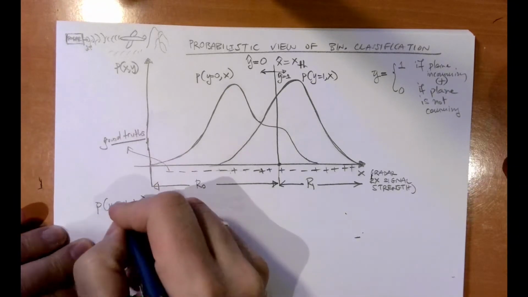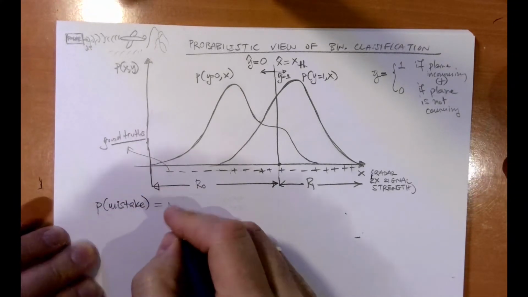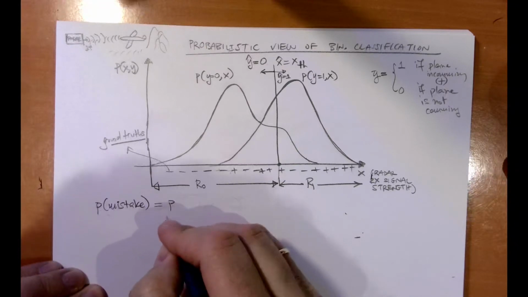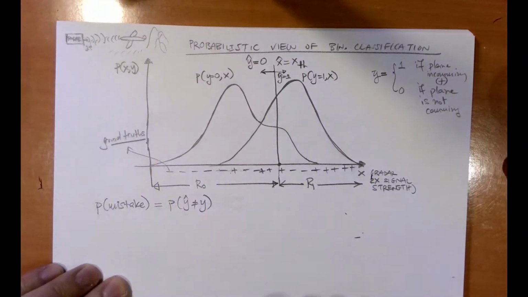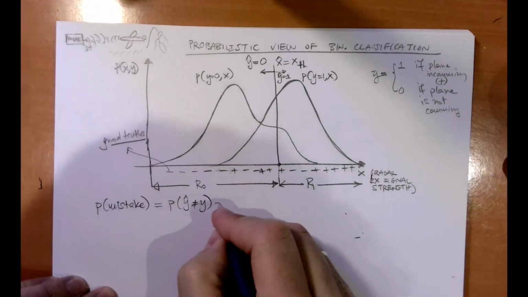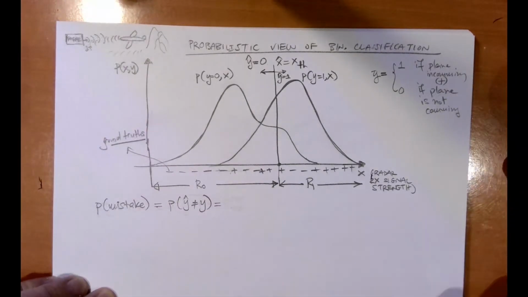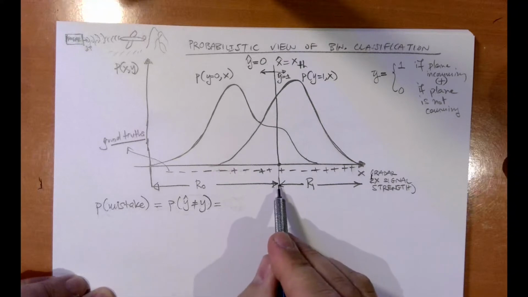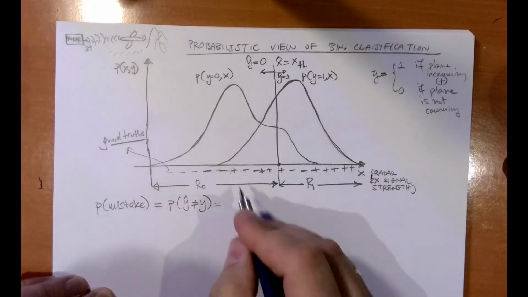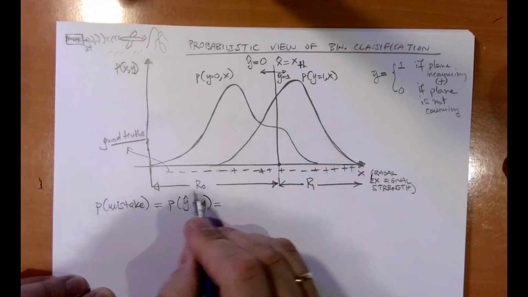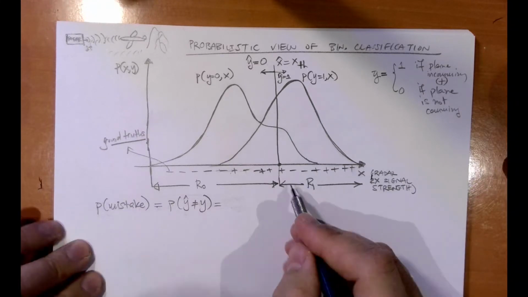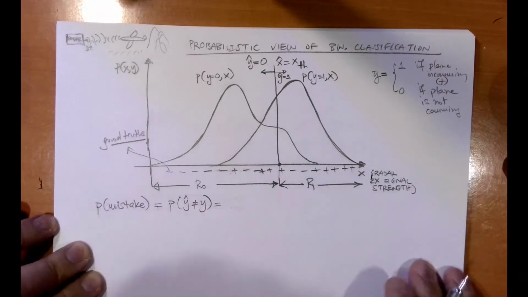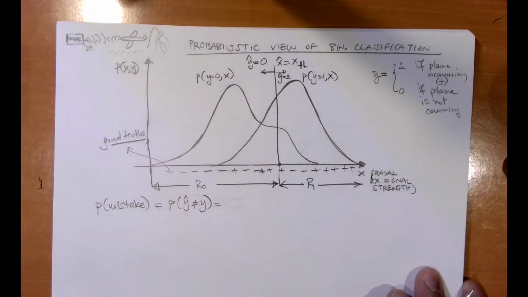The probability of making a mistake is obviously the probability that y hat is different than y. And this probability has effectively two components. One component is for events that are on the left side of the threshold, in the region R0, and events which are on the right side of the threshold, in region R1.